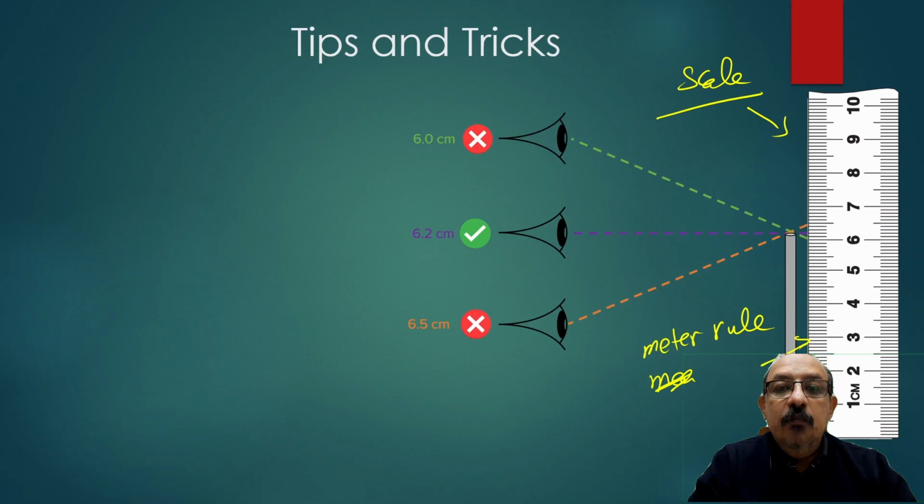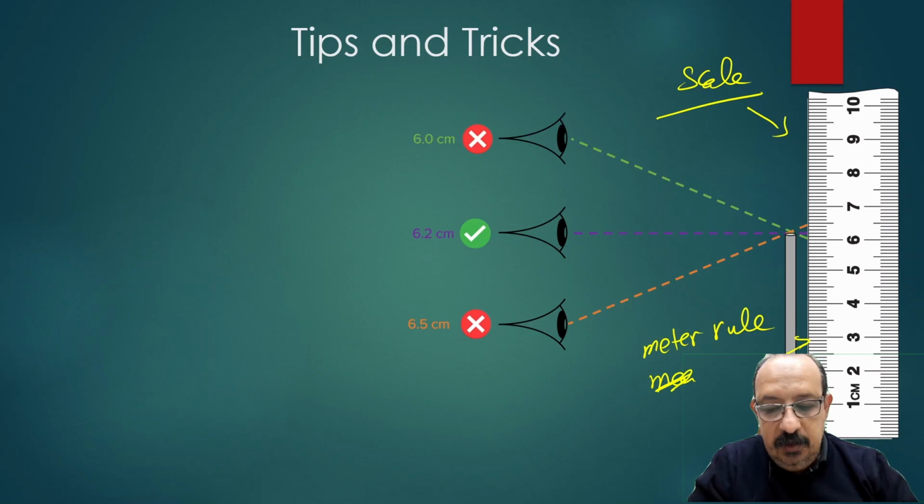So the most important recommendation while you are taking a measurement on the meter rule is how to align your eye. How should I observe the measurement on the meter rule?